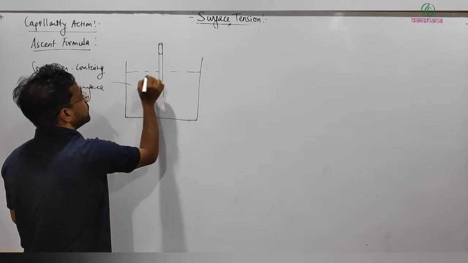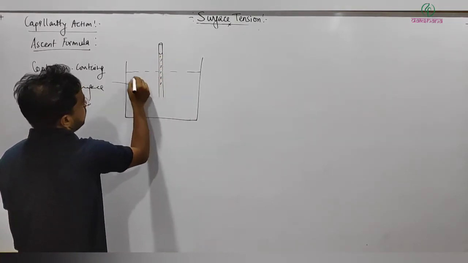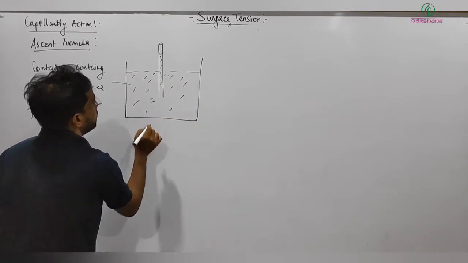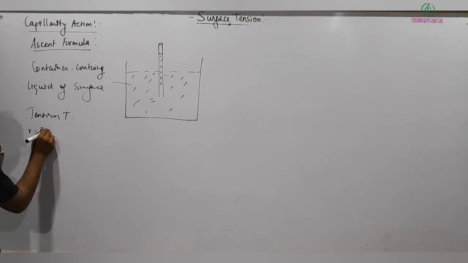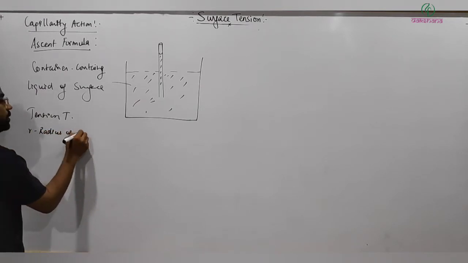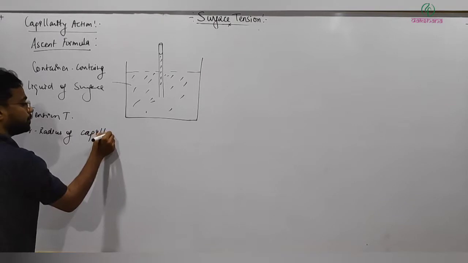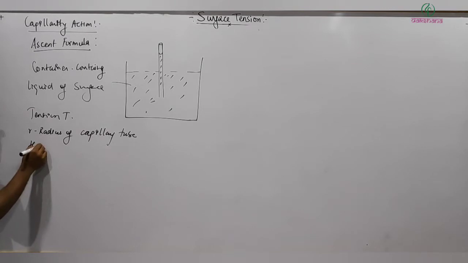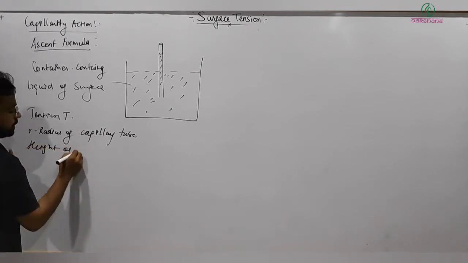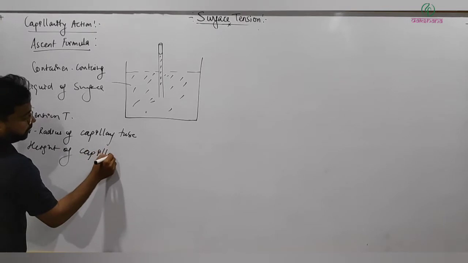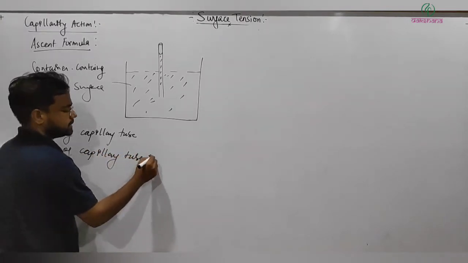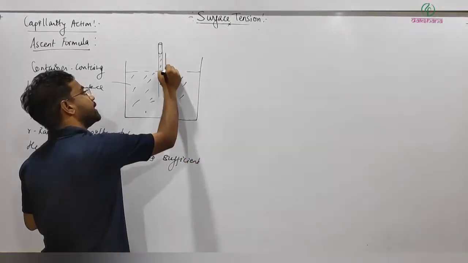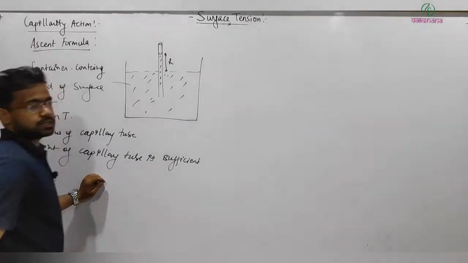This is where the liquid rises. Small r is the radius of the capillary tube, and the height of the capillary tube is sufficient. Let's say the liquid rises by height h.